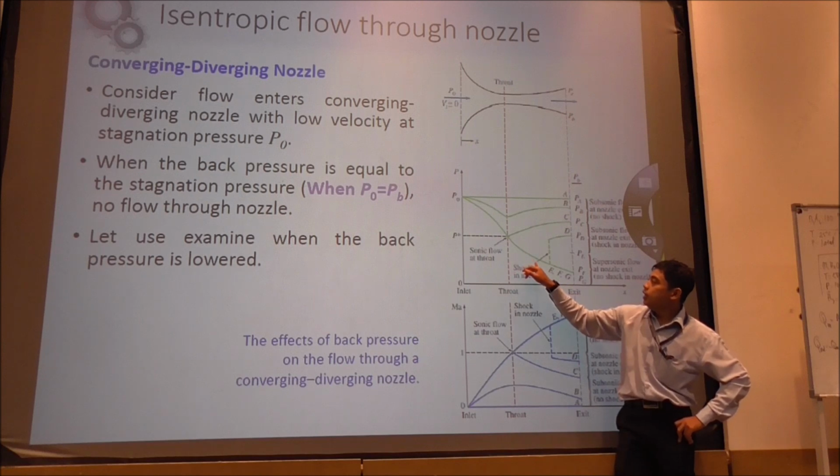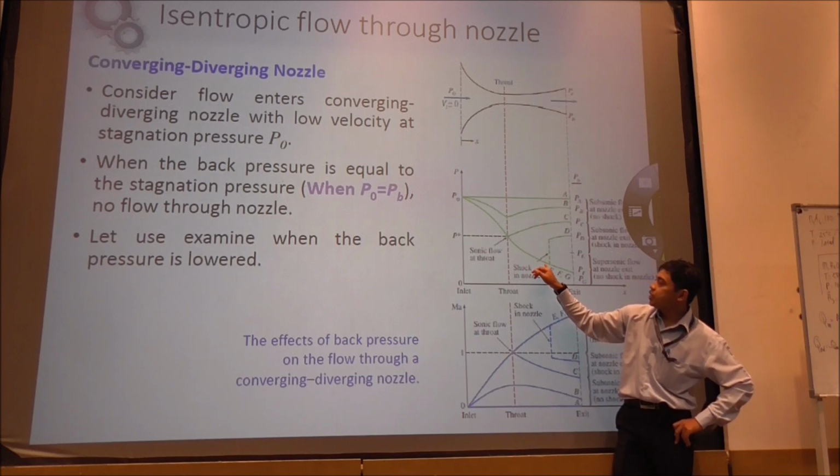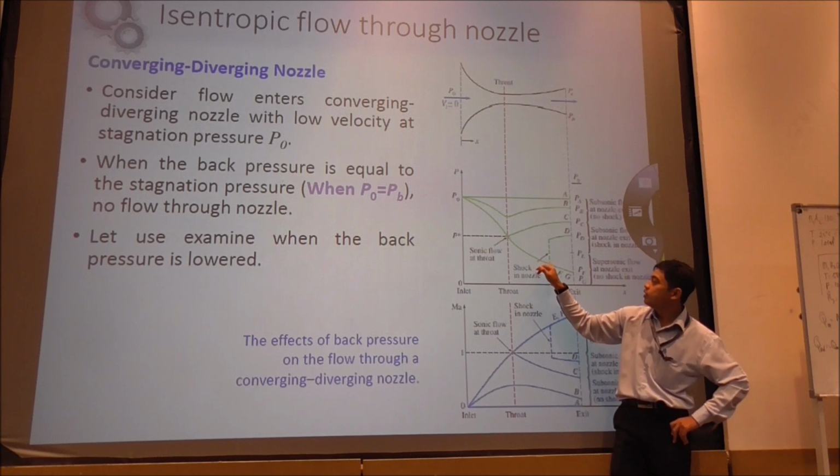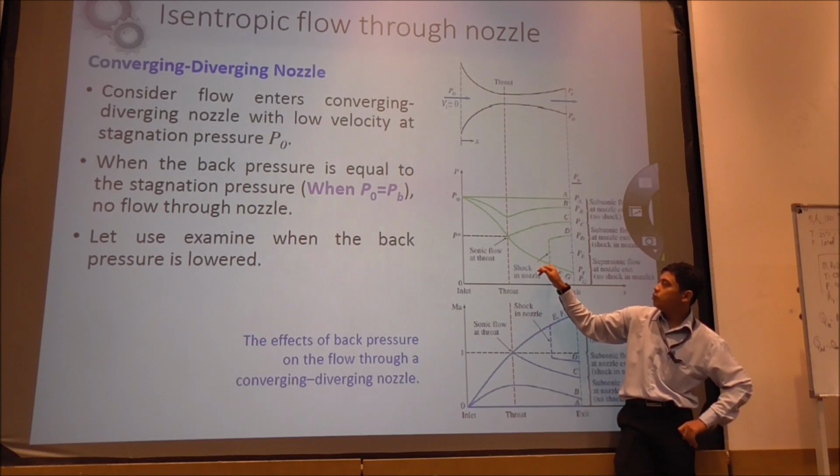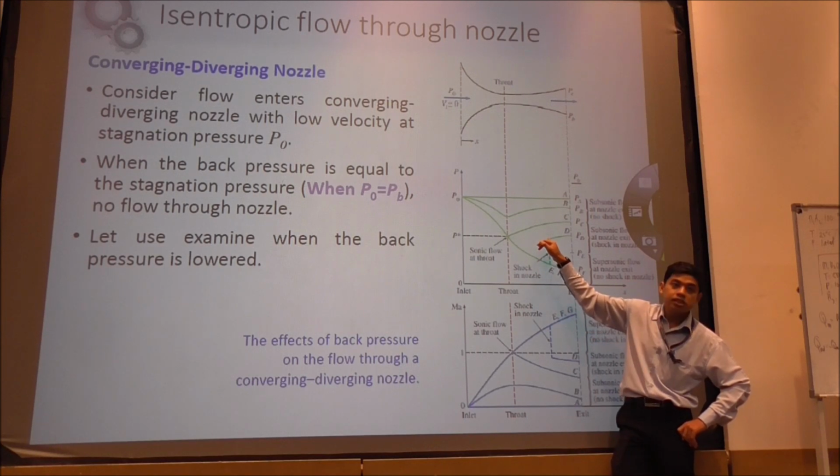Okay, and in this supersonic region, if something happens there, if there is some instability in the flow, you will have the so-called normal shock. What happens when you have a normal shock? The pressure will suddenly increase.